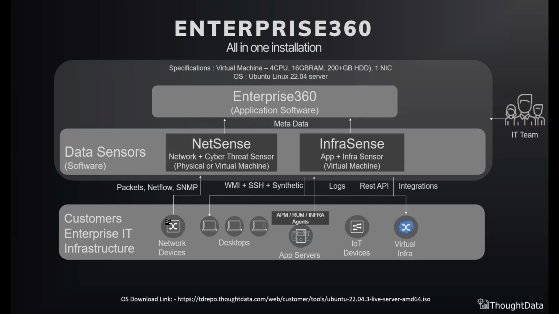The operating system requirement for Enterprise 360 is Ubuntu Linux 22.04 server class operating system. You cannot directly download this operating system from the internet. Please use the link below in the slide presented to download the operating system. You have to download that ISO file, and you have to install the virtual machine with that operating system.